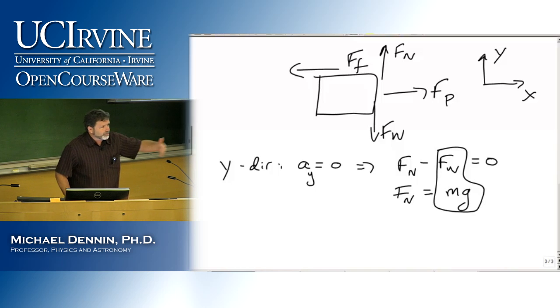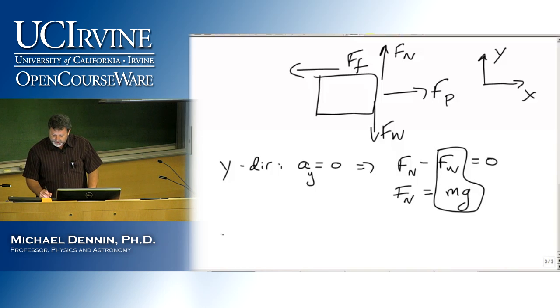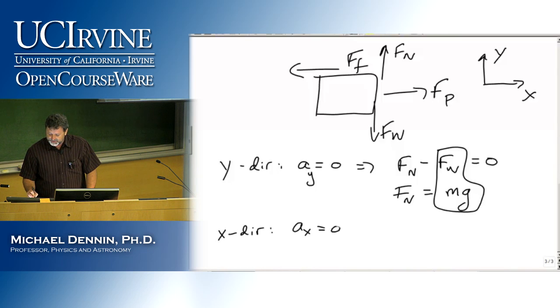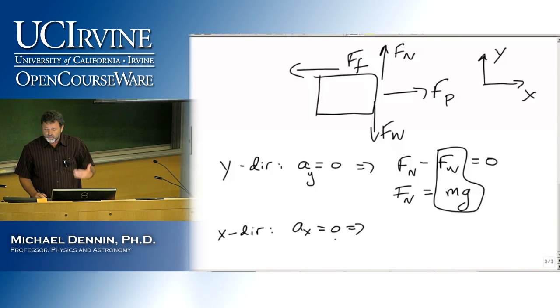Now, what the whole demo is about was if I look in the x direction, and initially ax is 0. So what that tells me is F pulling minus Ff has to equal 0.